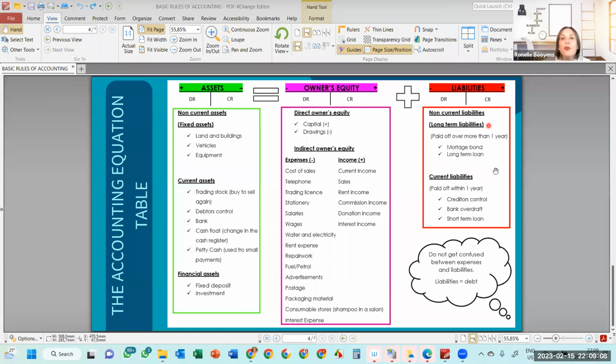Now, we again have two types of liabilities: non-current or long-term liabilities, and that is debt, or money that our business owes to other businesses, which we're going to pay off over a period longer than a year. And that's typically if we have a mortgage bond. So if our business bought property, a building, a piece of land, or something like that, some of your parents might have home loans, which they pay off over 20 or 30 years.